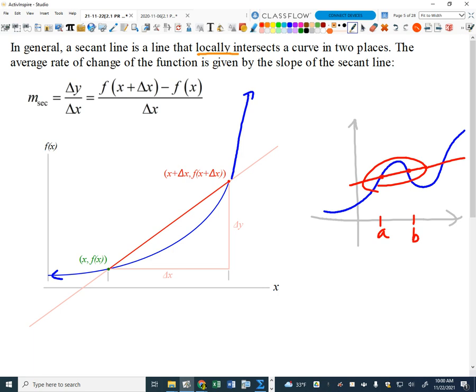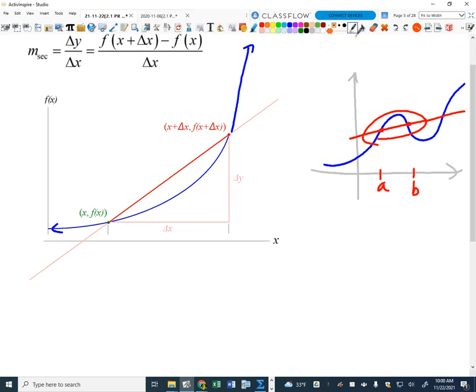Okay, so what a secant line does for us then, if a secant line intersects a curve in two places, we can form a slope triangle based on those two intersections, right? So if I've got an intersection there and an intersection there, if we look at this slope triangle, this is our change in y, right?